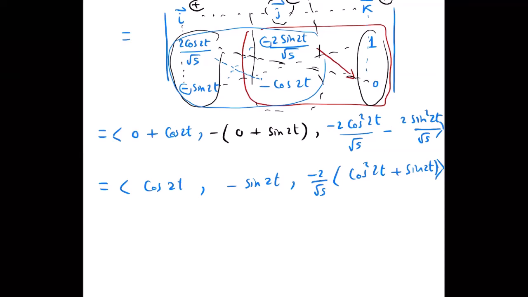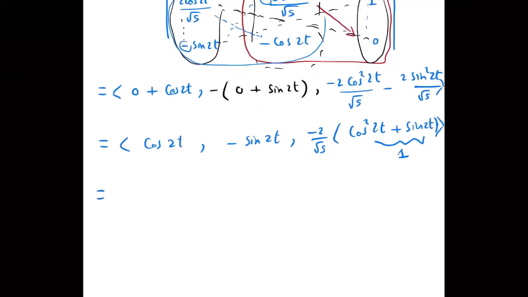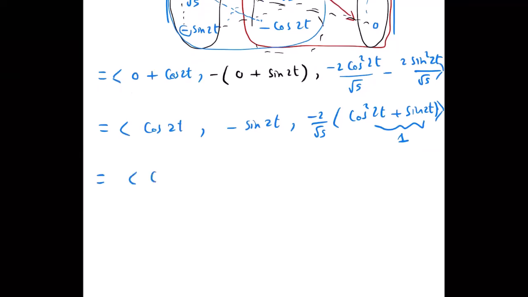So what we have is cosine 2t, negative sine 2t, negative 2 over root 5. This is the result.